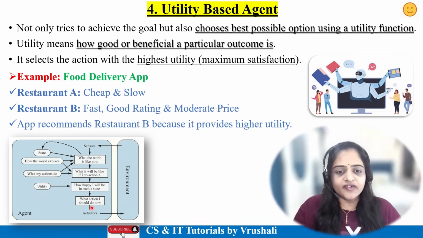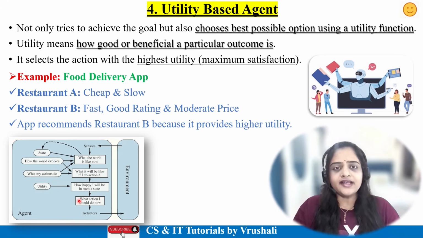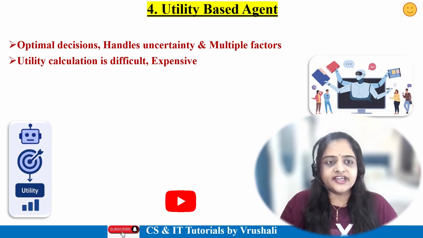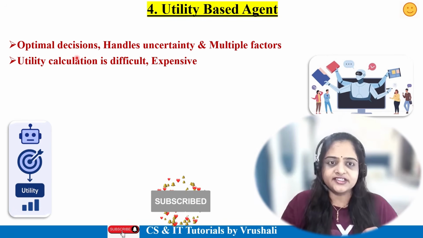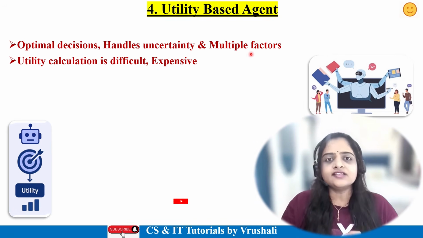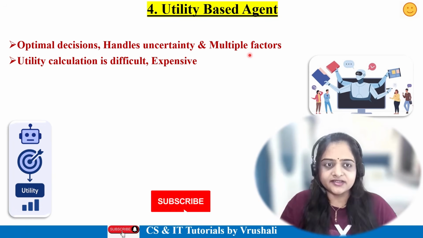They answer questions like how happy I will be in such a state, then what action I need to perform. They give answers to all these questions and according to that they satisfy the customer. Now this utility based agent provides optimal decisions, handles risk and uncertainty, and also works on multiple factors.